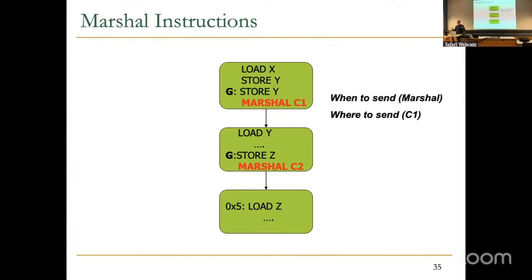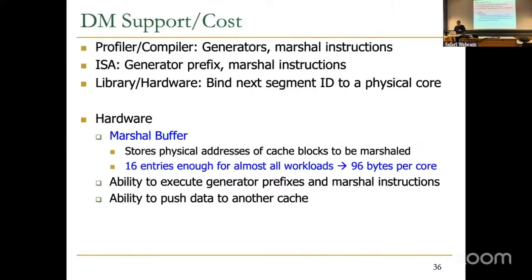It cannot be physical, otherwise programmers are really using physical assignment onto the cores. So there are issues like this which need to be taken into account. But you produce a Marshall instruction. This doesn't have to be the last instruction; it could be somewhere in the middle. In fact, it's better if you can schedule it much earlier, because if it's the last instruction, the segment is ending, and the other segment is probably going to start very soon, and you're not going to overlap a lot of latency. Okay, so that's the idea.